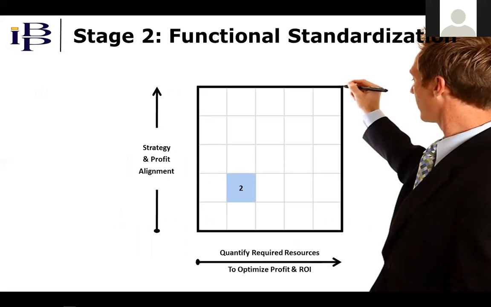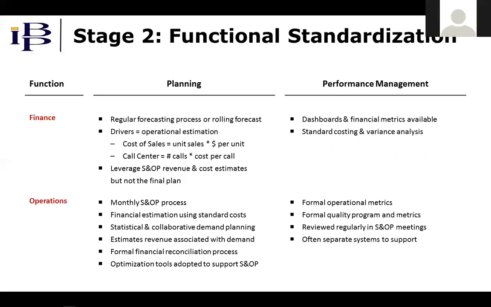Stage two is what I call functional standardization. In terms of the characteristics, from a financial perspective, many companies have done a lot of this already. They've purchased some sort of corporate performance management system to automate their budgeting processes. Same thing with operations.